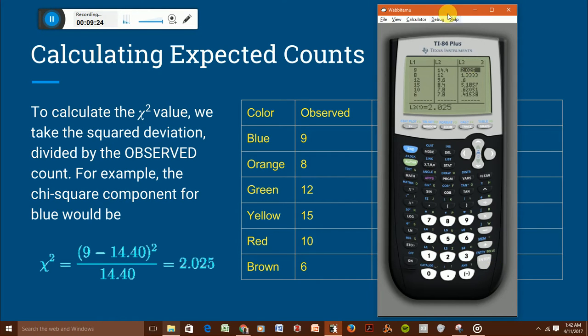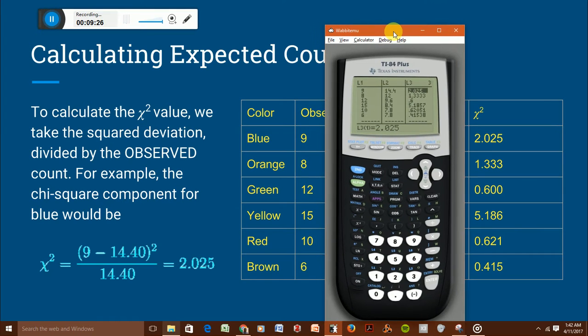If we do that, we see that these numbers match what we have on our chart, and we see the actual subcomponent given for blue M&Ms, and we can do likewise for the remainder of these values.